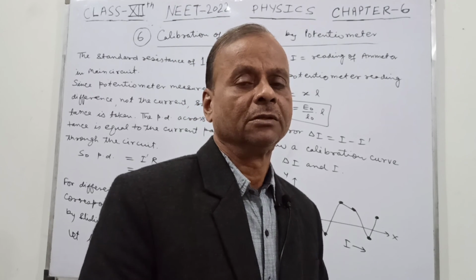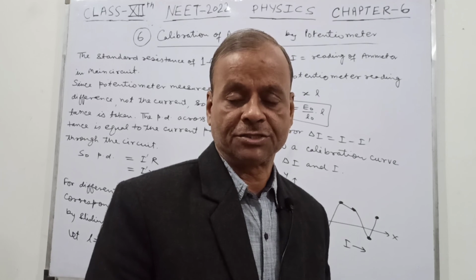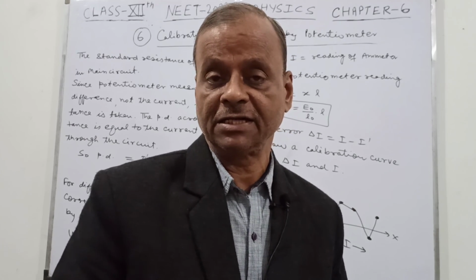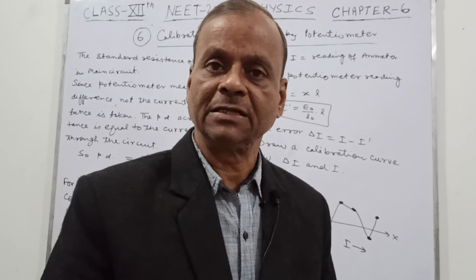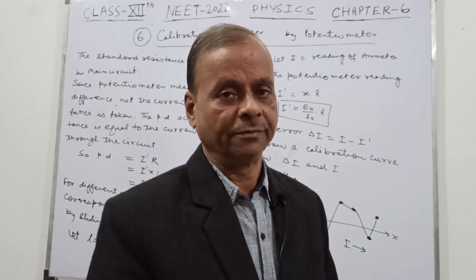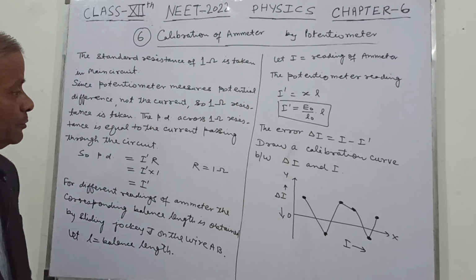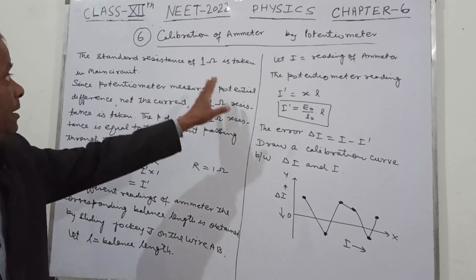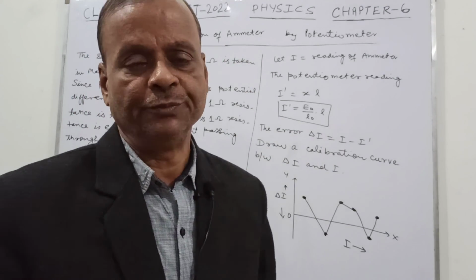So for this instrument to be employed in the electrical circuit, the error must be as small as possible. So this is what about the calibration of the ammeter by potentiometer.